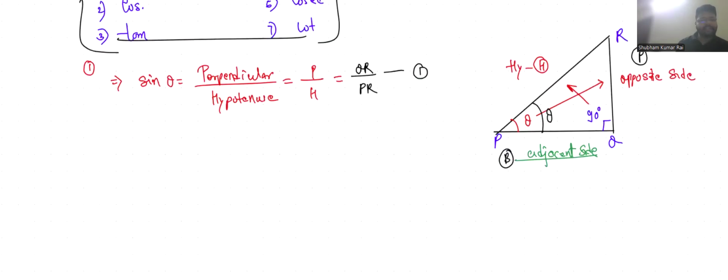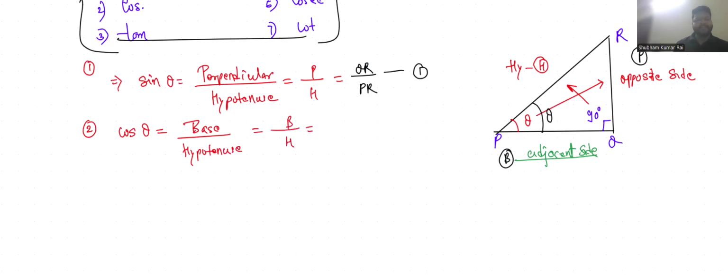Now let us see further. The second one is cos theta. What's the formula for that? The formula for cos theta is base upon hypotenuse, so it will be B by H. What is the base over here?